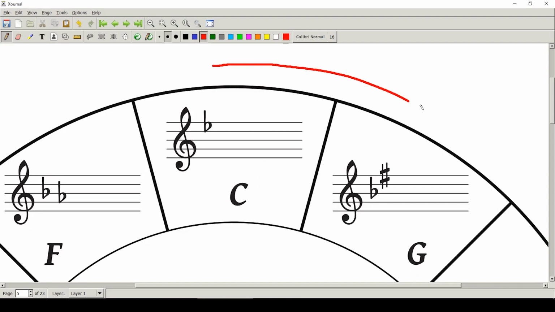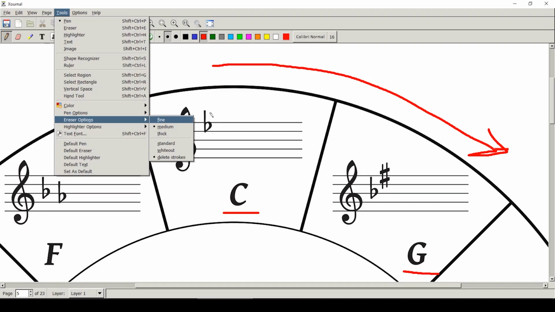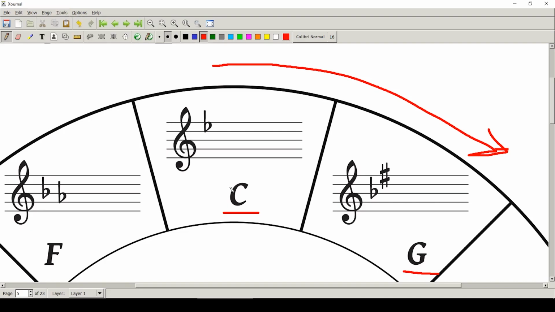Because when I go this direction around the circle of fifths here, notice that C melodic minor to G melodic minor is neither an upshift nor a downshift. What do I have to change to get between these two scales? Well, C melodic minor has E flat, but G melodic minor has E natural. So I have to erase the E flat.